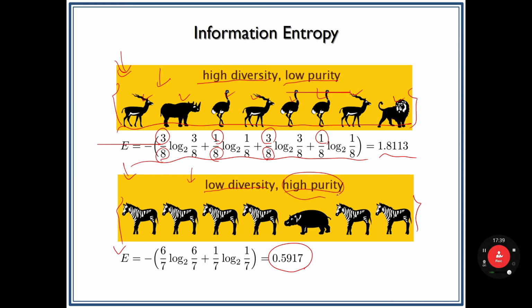So in the case of high purity, low impurity, we get a smaller number than the other one. So information entropy is a good measure of impurity for a set of animals, a set of numbers, a set of classes.